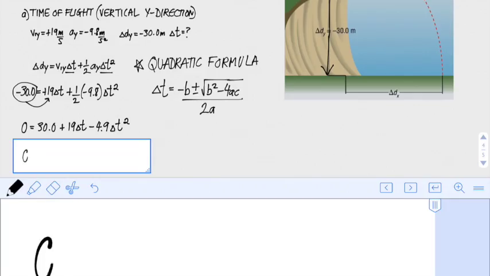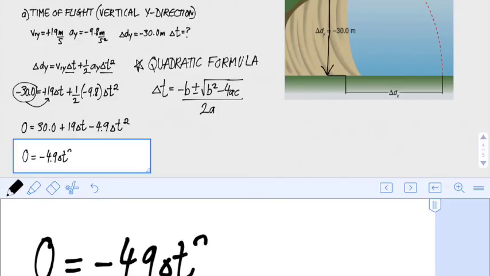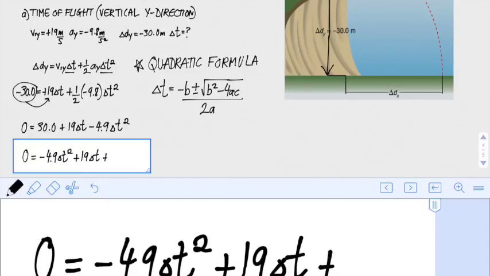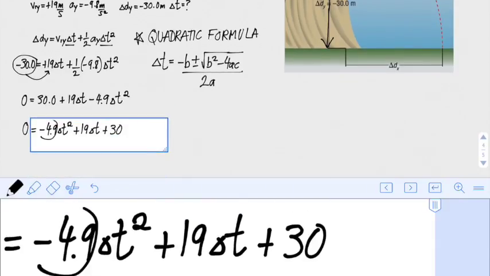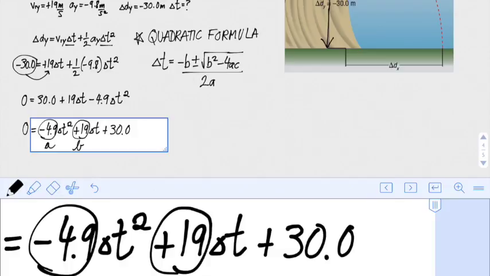In order to make this look like a quadratic equation, I'm going to bring the negative 4.9 t squared up front, plus 19 delta t, plus 30. So we have our A, our B, and our C.